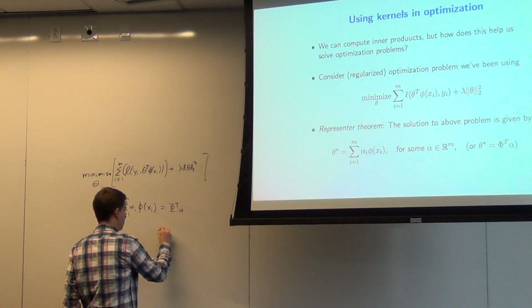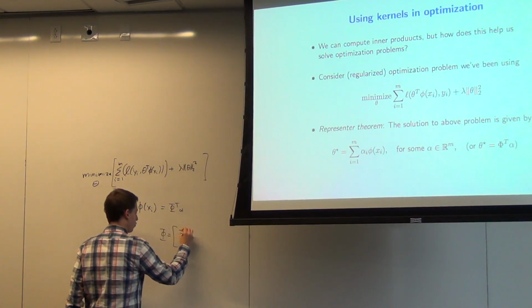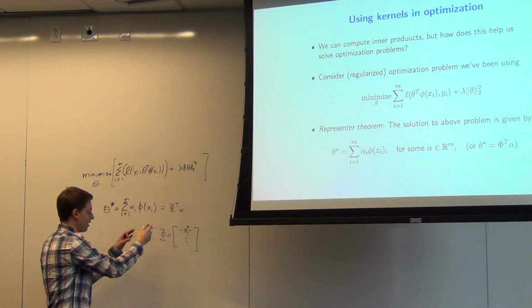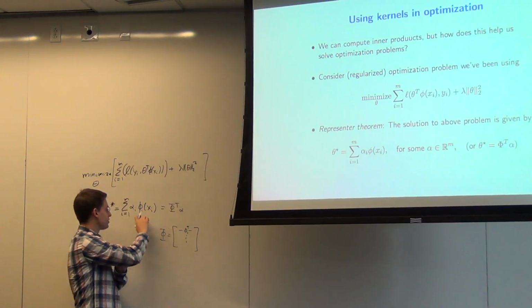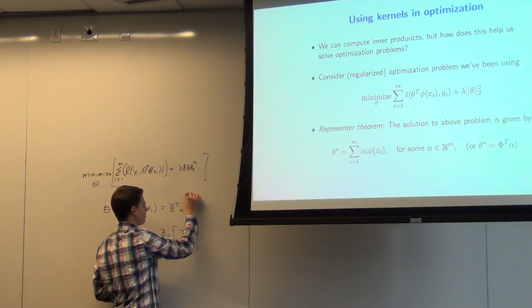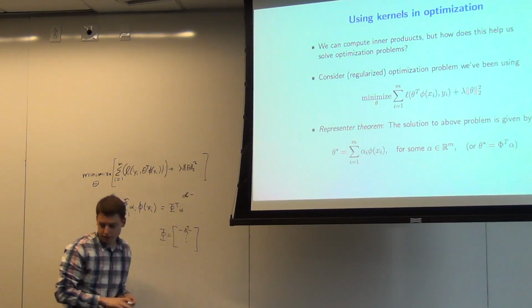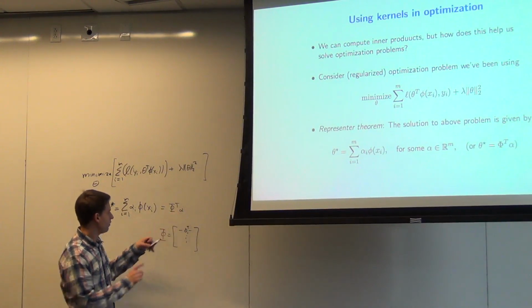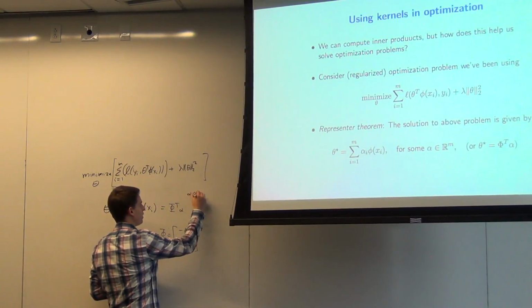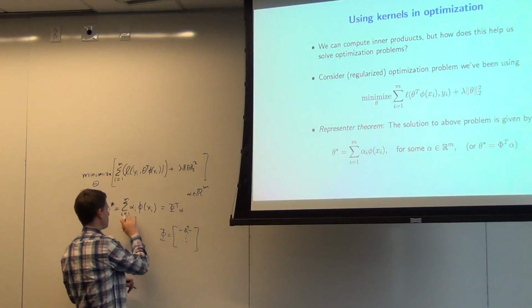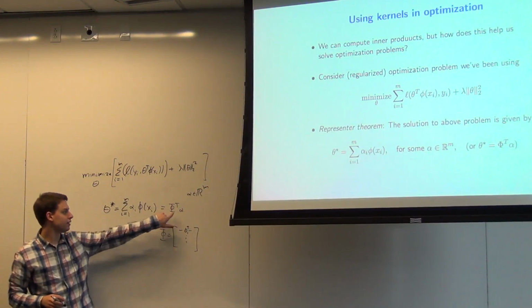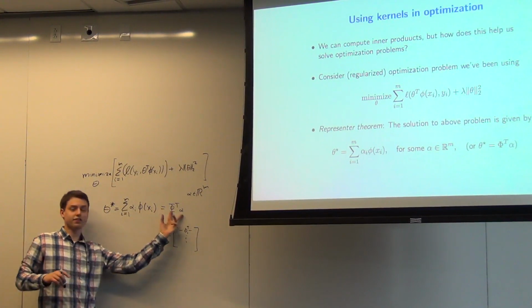Remember, phi is this big matrix where the rows are phi 1 transpose and so on. So if you transpose it, the columns are the different features. For alpha being an m-dimensional vector, this term is just equivalent to this actual sum here. So we'll typically write our theta like this.